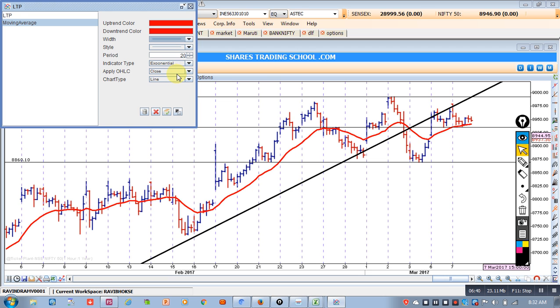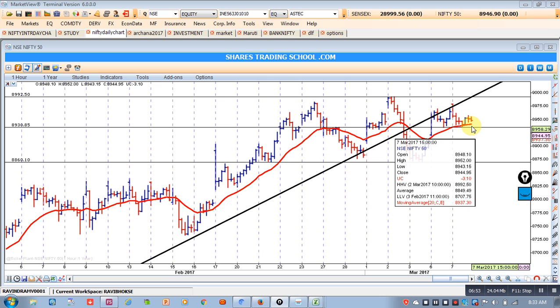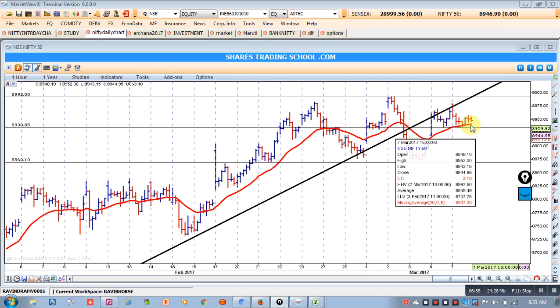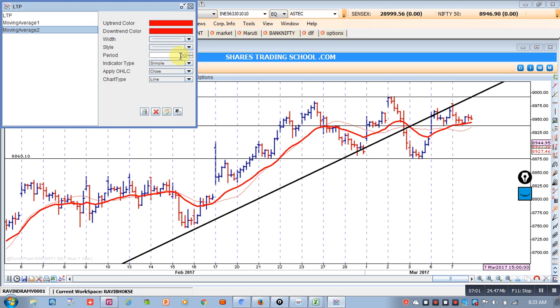After that, there will be support of the 50 EMA, and I'll just show you where it comes. I'll have to take exponential because I prefer the exponential moving average. So immediately the exponential moving average at 8,920 will act as support. As I said, I believe that once the 20 EMA is breached, then it takes support at the 50 EMA.